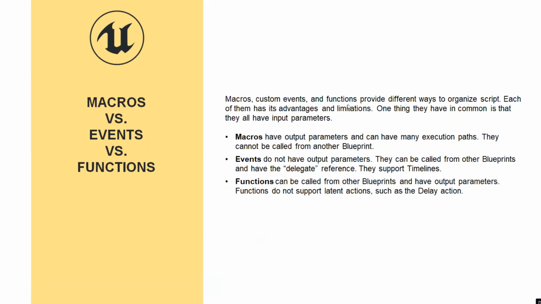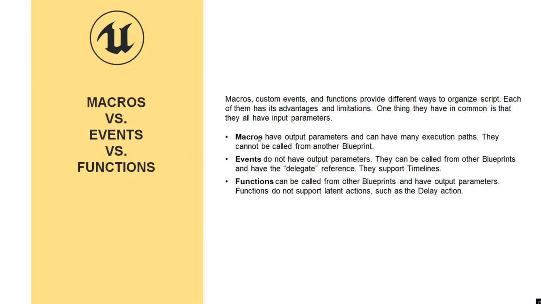Macros, custom events, and functions are pretty much similar, but the main difference is that macros have output parameters and can have many execution paths, so the execution wire can go in from multiple different directions as well as out in multiple different directions. They cannot, however, be called from another blueprint. Think of a macro as like a local function as opposed to a local variable.